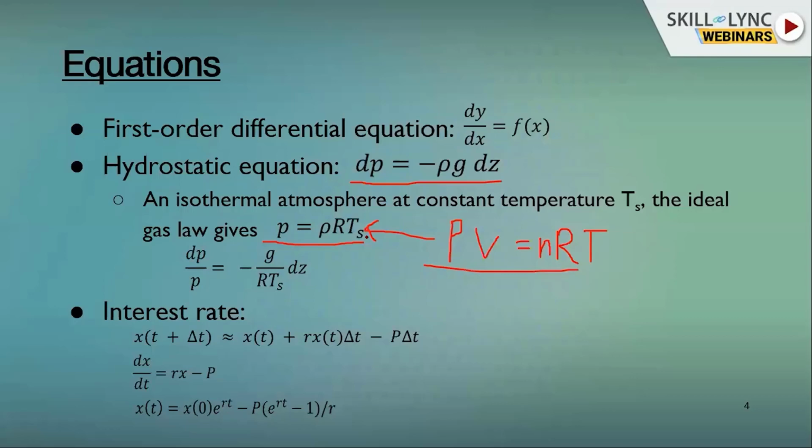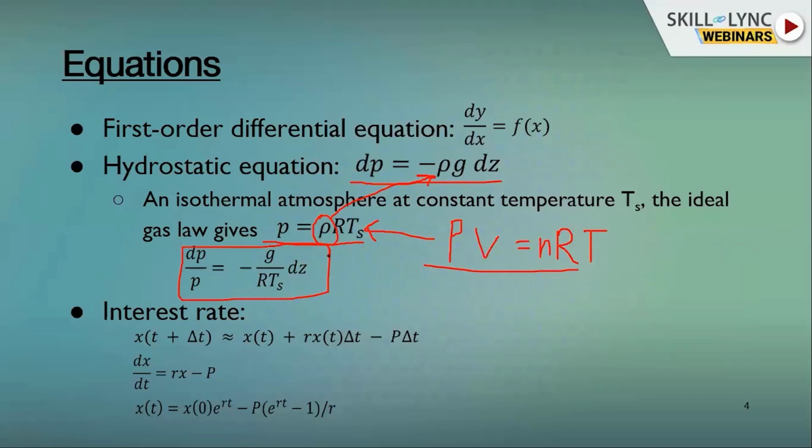I am not going into that much technical detail because I hope you have a little bit of understanding of that. So if I substitute rho in this, you can get a first order differential equation.